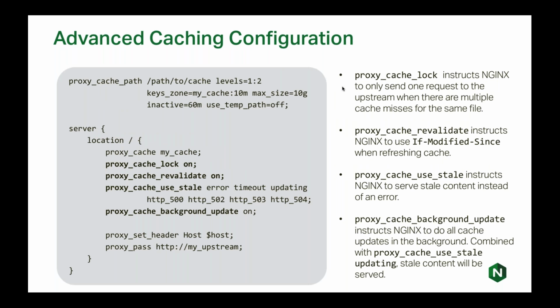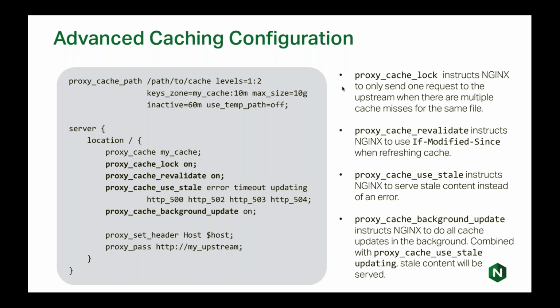Some advanced caching configuration here. And I'm just going to focus on the proxy cache background update and proxy cache use stale directives here. And so using those two in concert, what you can configure nginx to do is, for example, let's say I have large video files or just large files in general, and the cache timeline, the expires header on that particular file, is expired, but a user requests it.